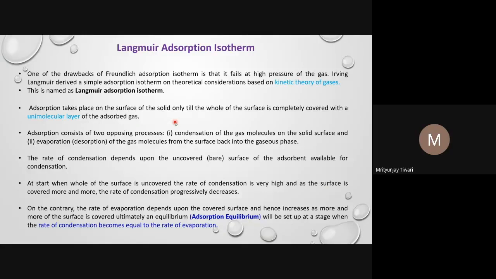He said two phenomena occur simultaneously during adsorption. The first is condensation of gas molecules on the surface. The second is the evaporation of the gas molecules from the surface back into the gaseous phase. These processes happen simultaneously all the time, and so adsorption reaches an equilibrium that we call the adsorption equilibrium.